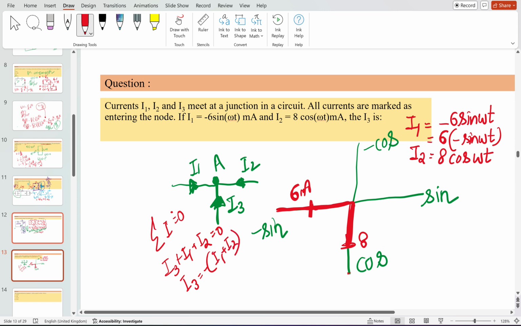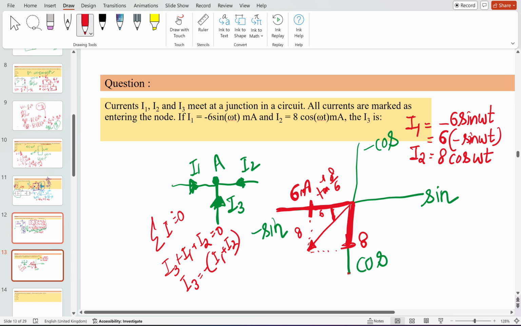When you use the rectangular formula to find the value of I1 plus I2, that is just the equivalent. So what is the angle here? It will be simply equal to tan inverse 8 by 6, because this is 8 and this is 6. Let's find the value.